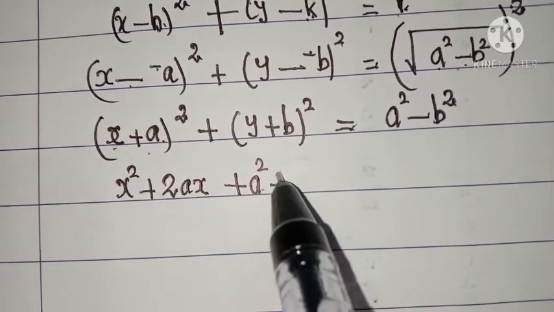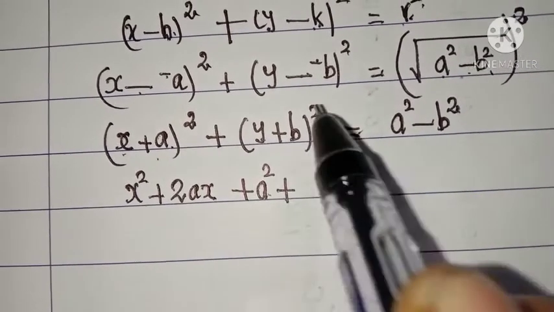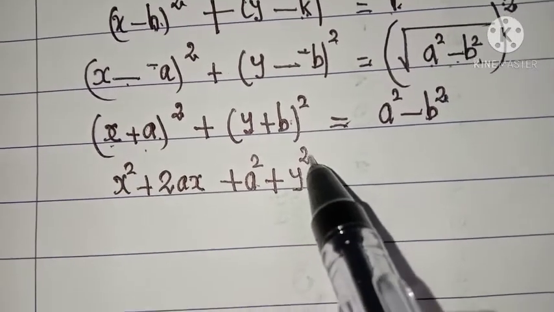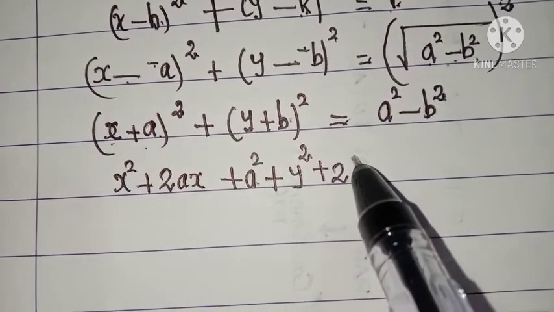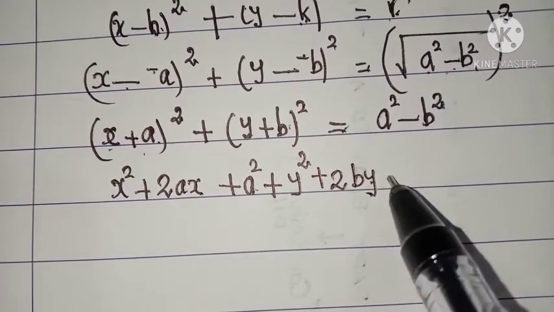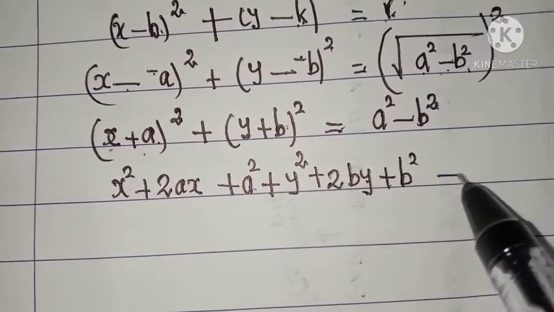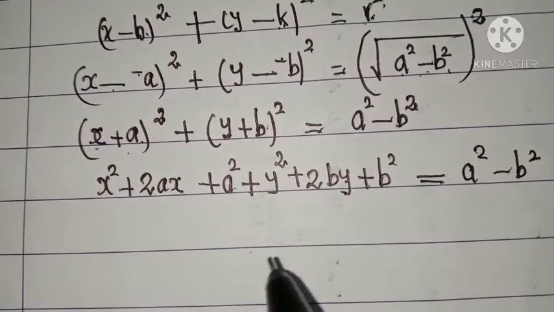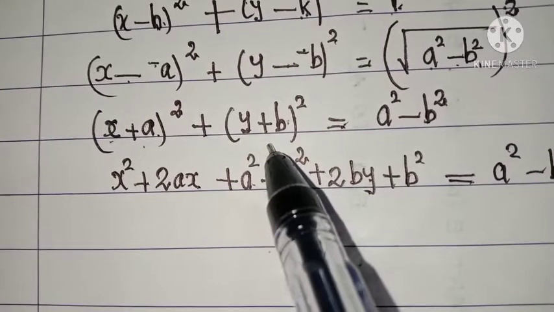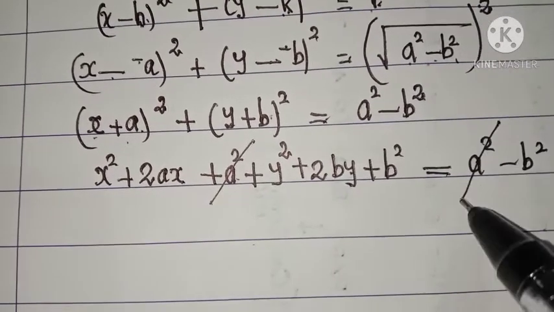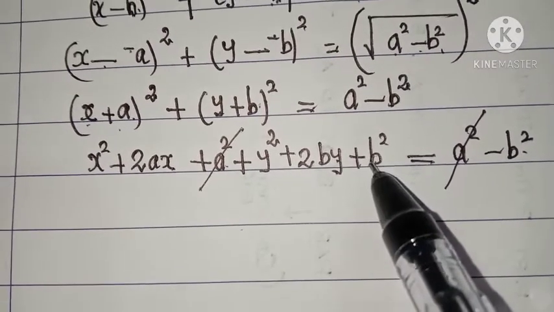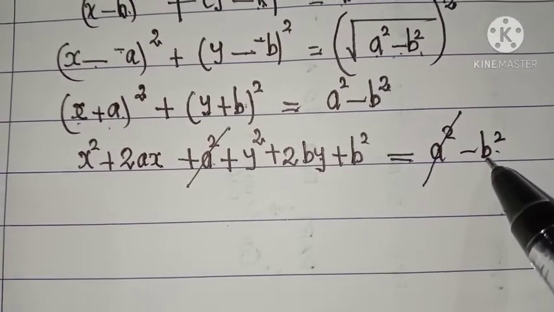Similarly (y plus b) whole square. Use the identity (a plus b) the whole square. So y square plus 2yb or 2by plus b square is equal to a square minus b square. See here we can cancel this plus a square and plus a square. B square cannot be cancelled because it is plus b square and this is minus b square.